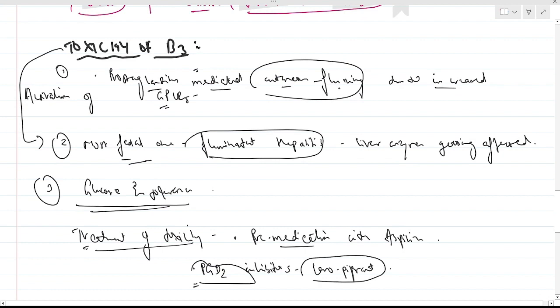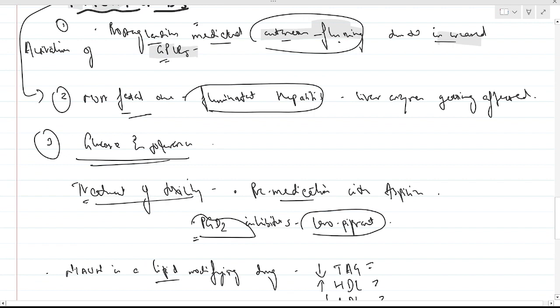Then there's B3's toxicity. The toxicity of B3 is related to prostaglandin mediated cutaneous flushing due to increased activation of G protein coupled receptors. And next, the most fatal one of this toxicity is fulminant hepatitis.